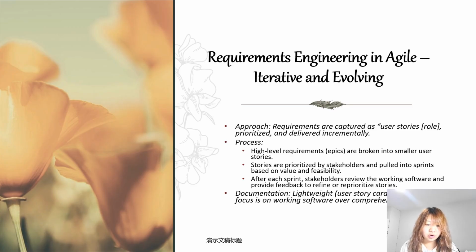Big goals are broken into small user stories, prioritized by stakeholders, and put into sprints. After each sprint, we demo the working software, get feedback, and refine or add new stories. Documentation stays lightweight, no thick specs, just what the team needs to work.